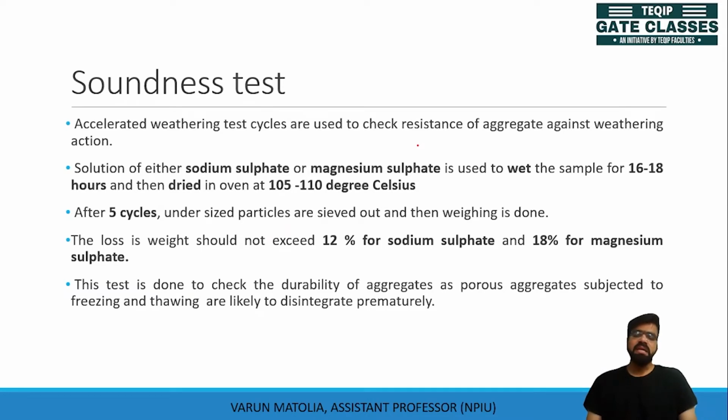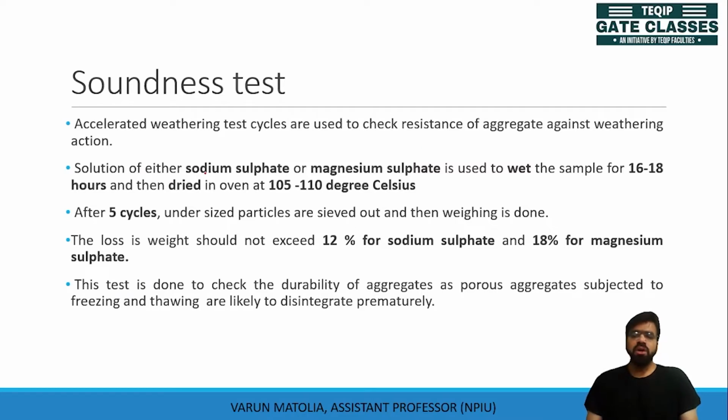Next test is the soundness test. Soundness means how the material behaves in weathering conditions. This soundness test is actually an accelerated weathering test, in which different cycles of weathering, wetting and drying are provided, and then the aggregate is checked for its behavior after these cycles of wetting and drying.